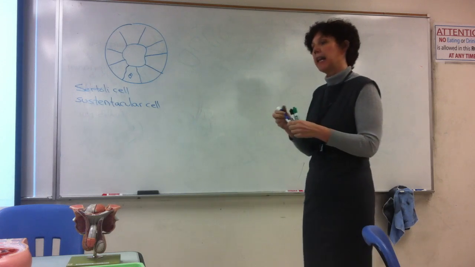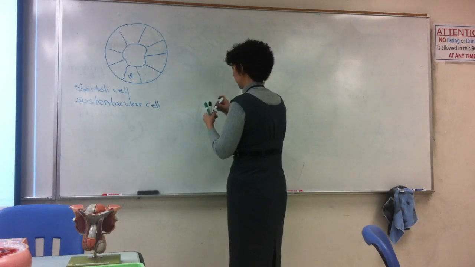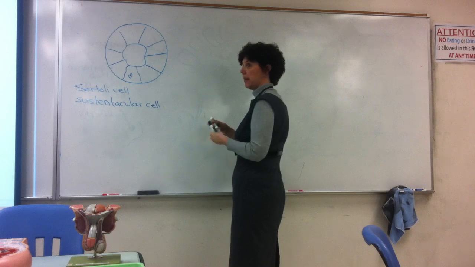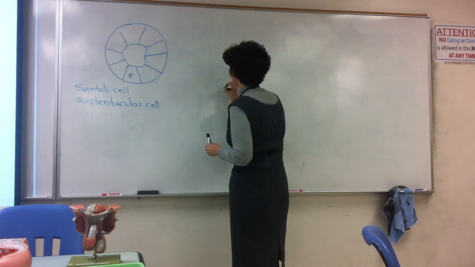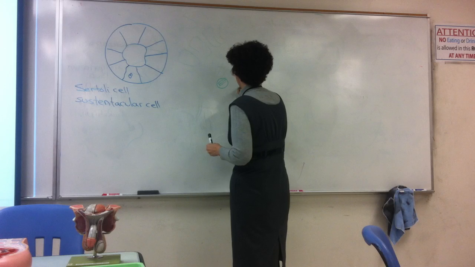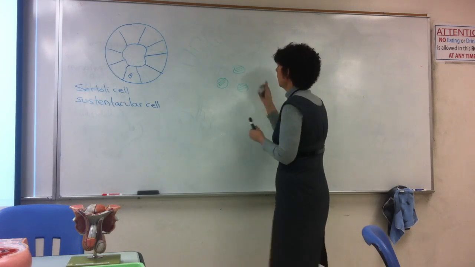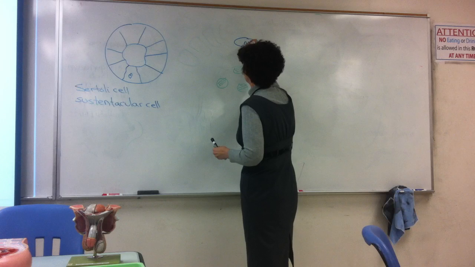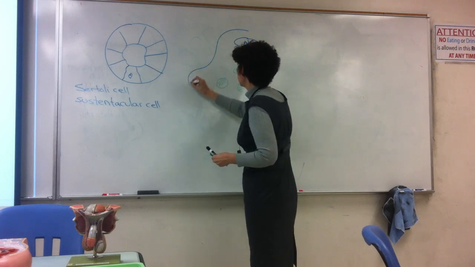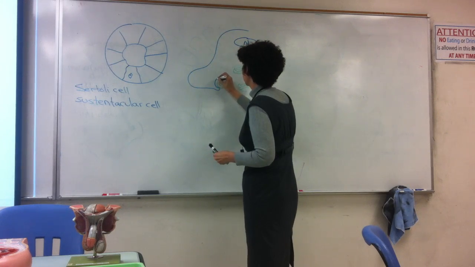And even unmyelinated axons were still associated with Schwann cells. So if this was an axon of a nerve, several nerves that were not myelinated, the Schwann cell membrane was still intimately associated with it.